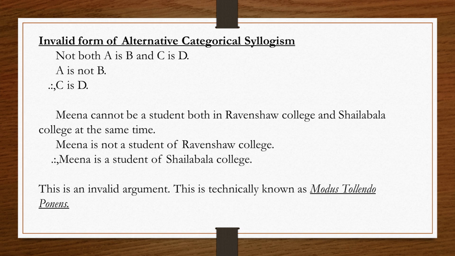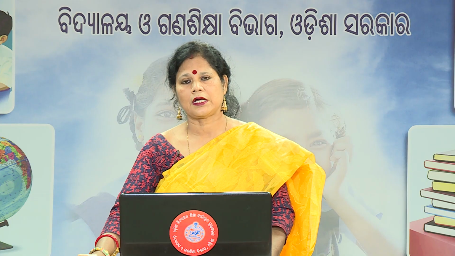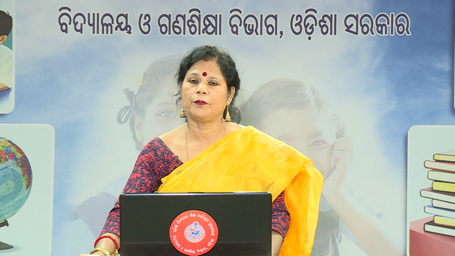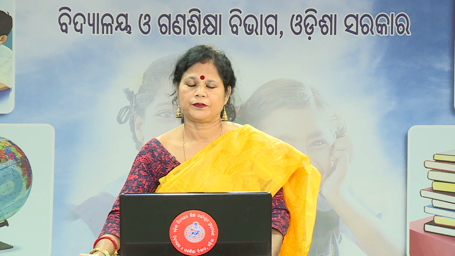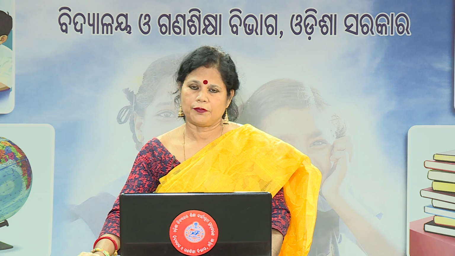Okay. So, this is an invalid argument, and the invalid argument of alternative categorical syllogism is known as modus tollendo ponens. Now, let us see another example. Hari cannot be born both in January and in May. This is the major premise.